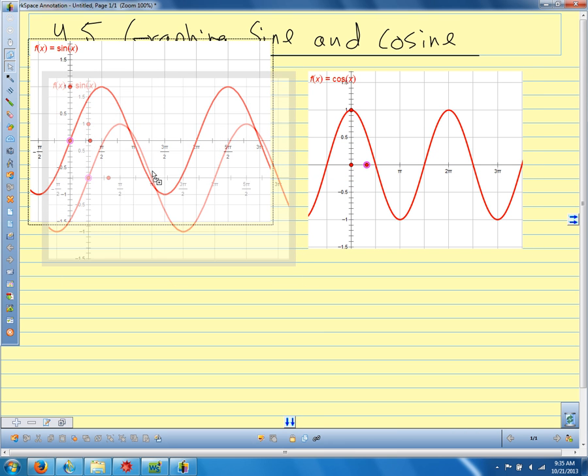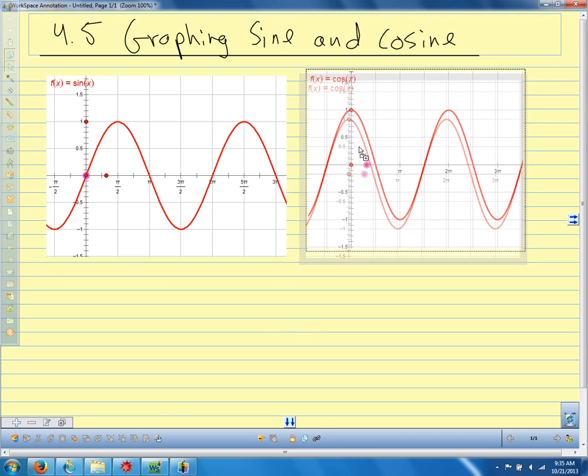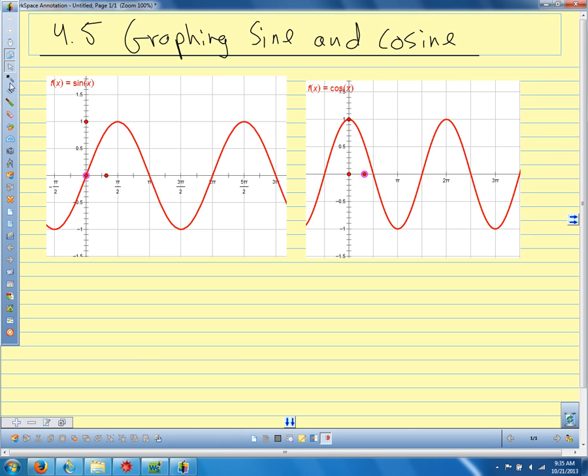All right, and we've talked a little bit about these before, about some of the ideas from today. So here's a graph of a sine function and a cosine function.